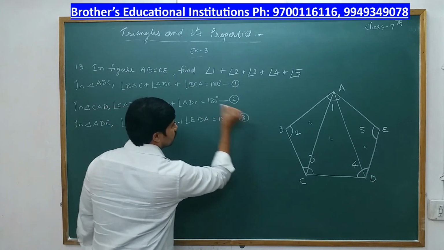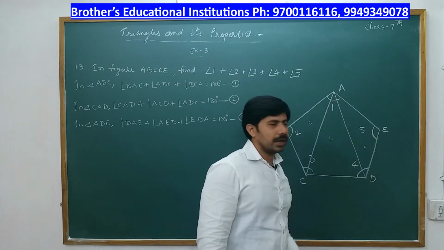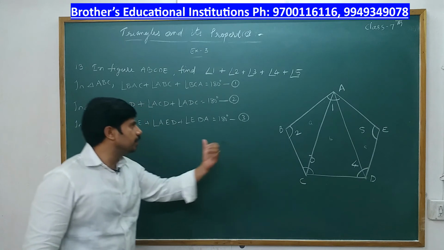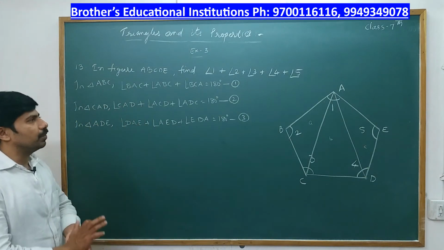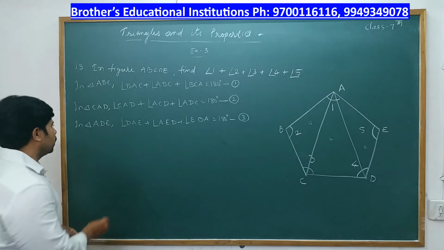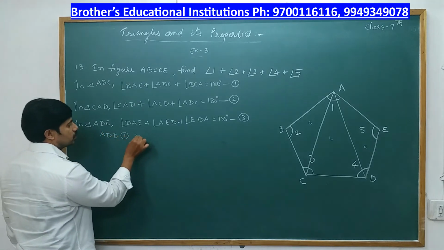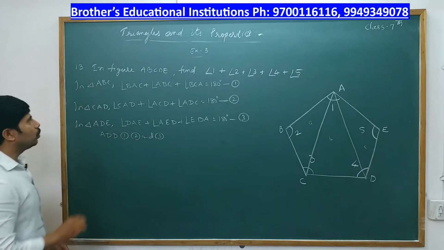So this is 3. See, angle DAE, then angle AED. Then how to find angle D? Angle ADE. After this, what we do is we add all the 3. Okay, so add 1, 2 and 3.